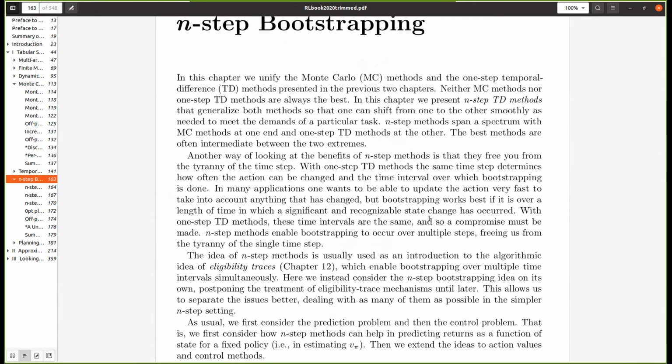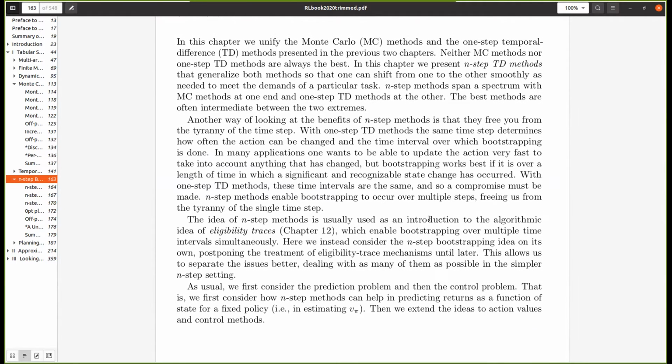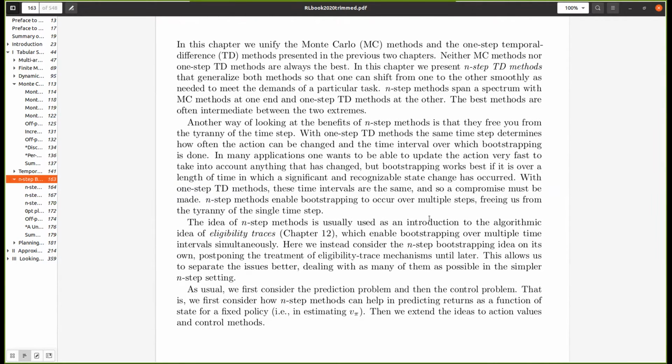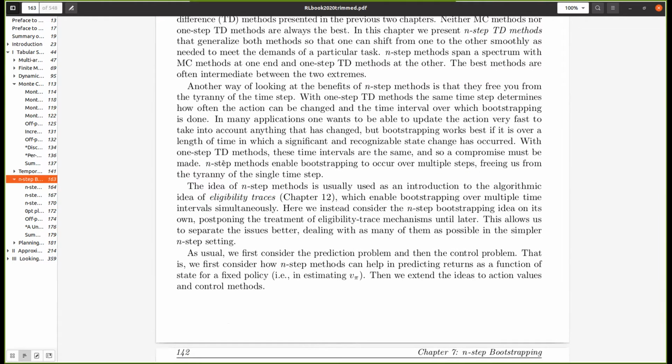Essentially, this gives us a framework to talk about something in between temporal difference methods and Monte Carlo methods. The authors mention that this is usually used as an introduction to the eligibility traces idea. We will be looking at chapter 12.